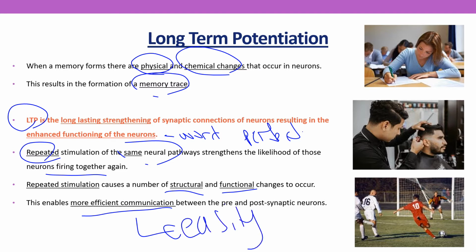So you kick a football more easily, you can spin on one leg more easily, you can recall information about psychology more easily and more effectively, okay? So what we're saying is that biological changes occur. This leads to enhanced communication within the neurons. And then essentially at the same time, you can engage in a task much more easily. Why? You've learned something. Now that process holistically is called long-term potentiation.